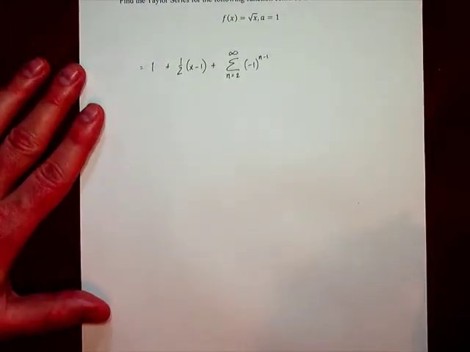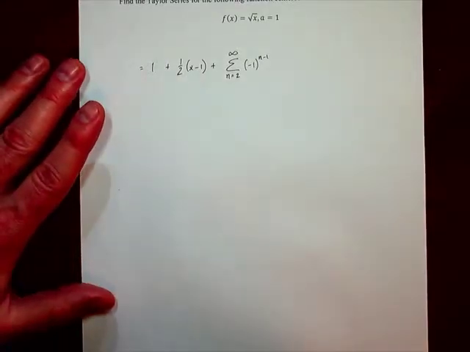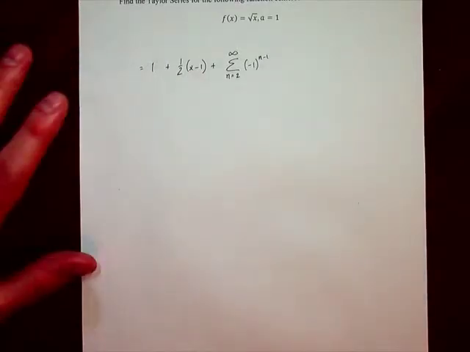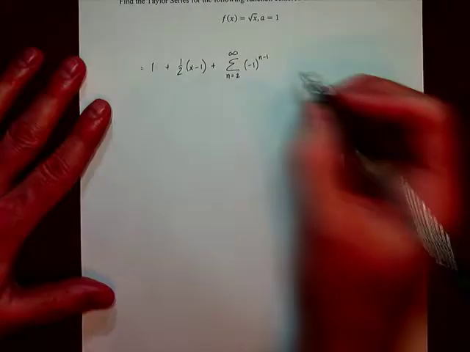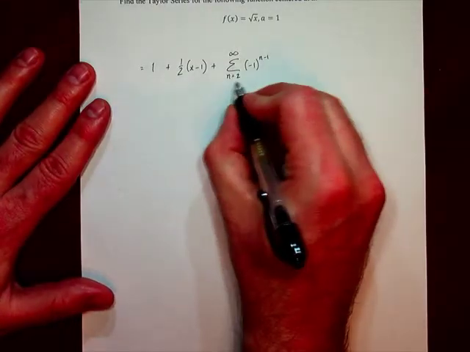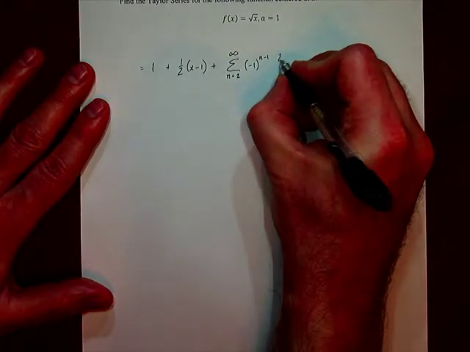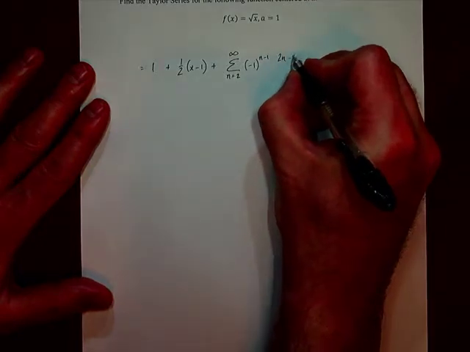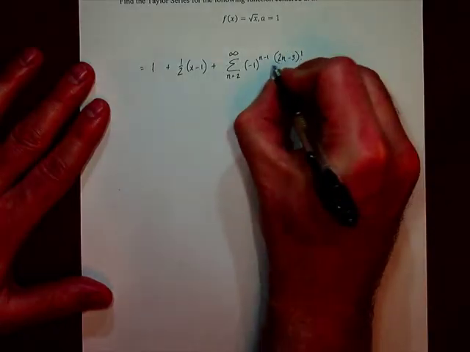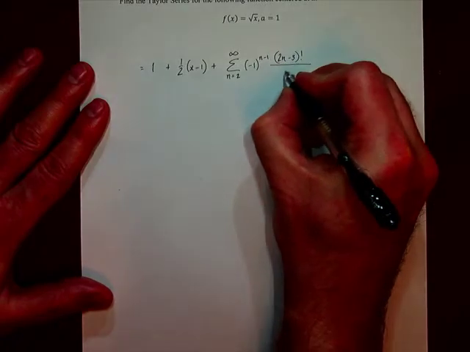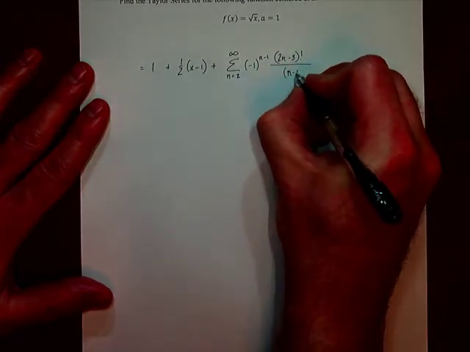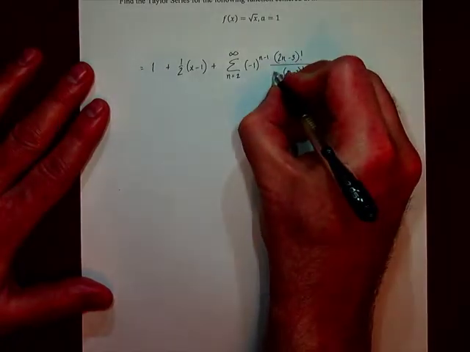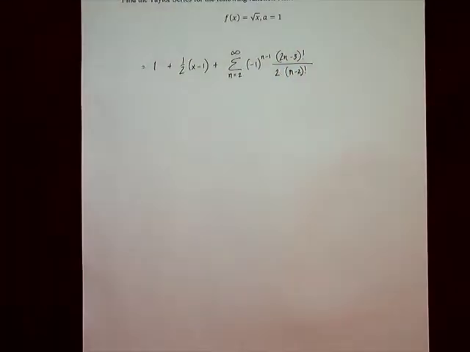Okay. Now, what needs to happen here is basically instead of having the 2n plus 1, because you start at 2, you're going to have 2n minus 3 factorial over n minus 2 factorial. But that's still going to be 2 to the n minus 2.